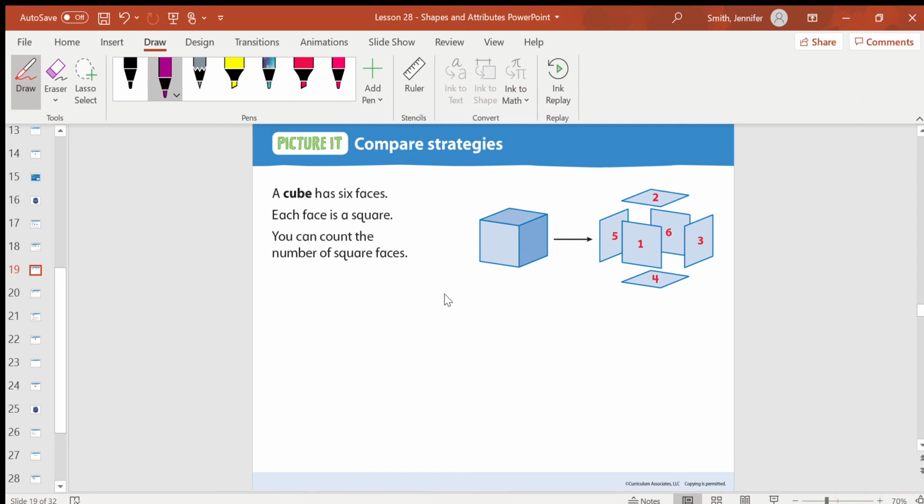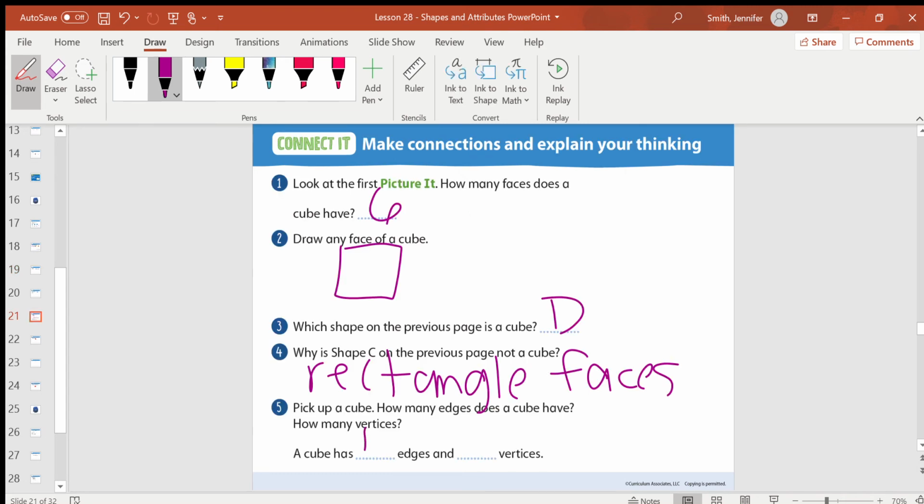We're going to find 12 edges. And how many vertices does it have? It has 8. It had 4 corners on the top and 4 corners on the bottom.